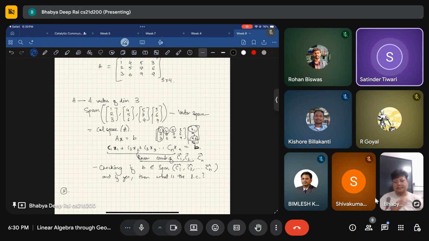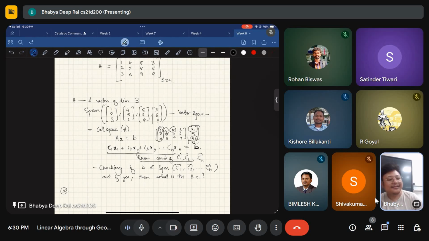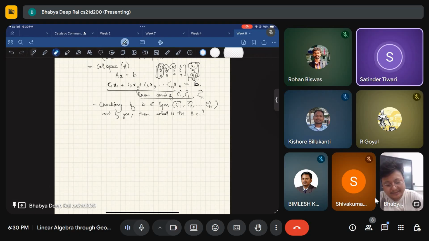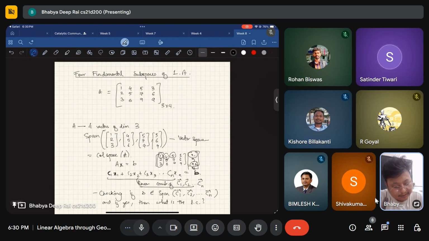So it means there are 2 non-zero rows, so only the first 2 columns will be the column space for this example? They will be the basis, not the column space. The column space will still contain all of them. Whatever the vectors are there, that will be the column space. Okay, thank you.